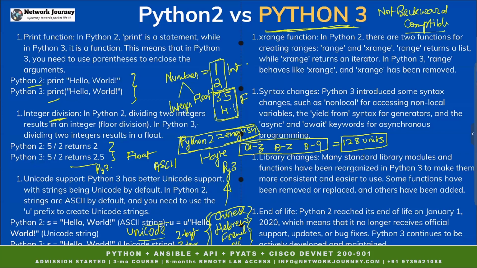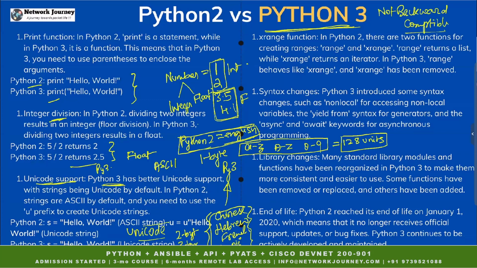If you have something in English, that can also be covered by Unicode, plus it supports 2 byte, 3 byte, and 4 byte data. So Unicode was also introduced in Python 3. That is also a reason why people have to migrate if they are using non-English characters in their script.